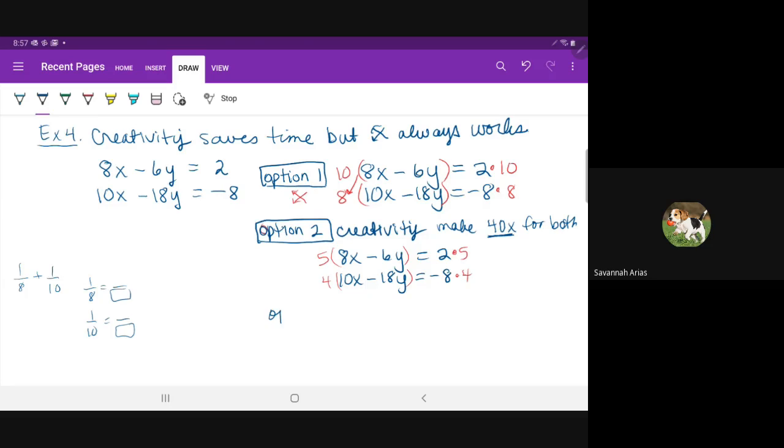Okay, option 3. Option 3 is going to be the shortest one. And remember, when you're learning from a normal math teacher, not like me, their brain tells them the shortest way immediately upon looking at the question.